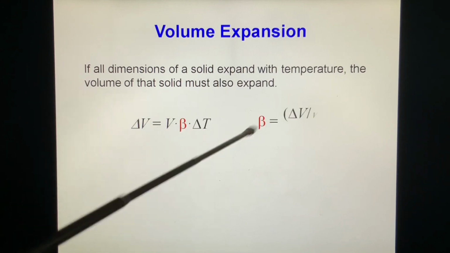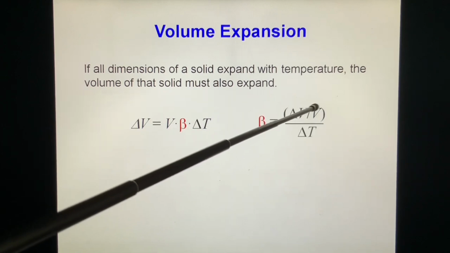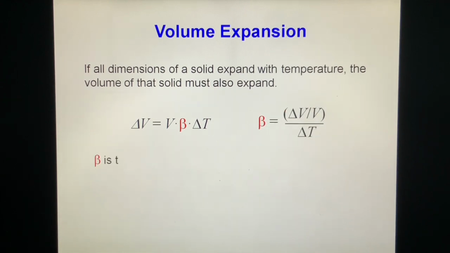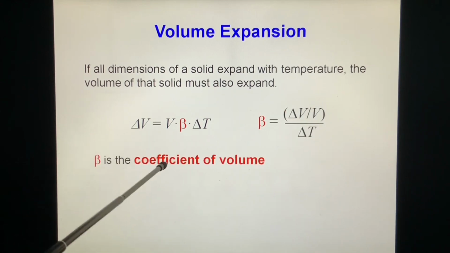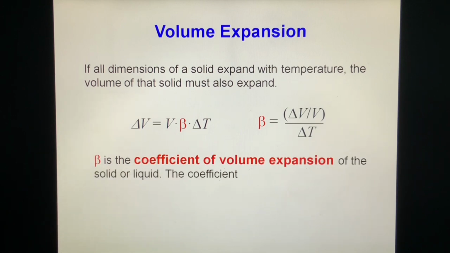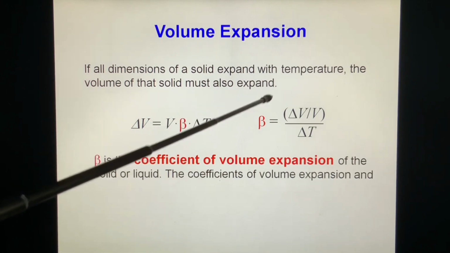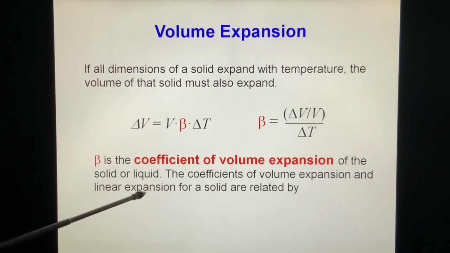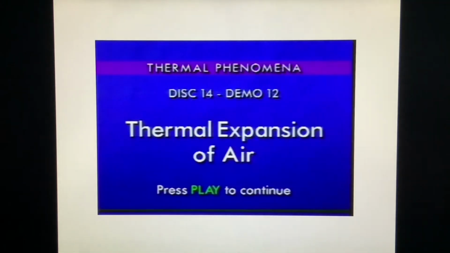Beta equals delta V over V, the relative change in volume, divided by delta T. We call it the coefficient of volume expansion of the solid or liquid. This coefficient of volume expansion and the coefficient of linear expansion, alpha, for a solid are related by beta equals 3 alpha. We can prove it later.